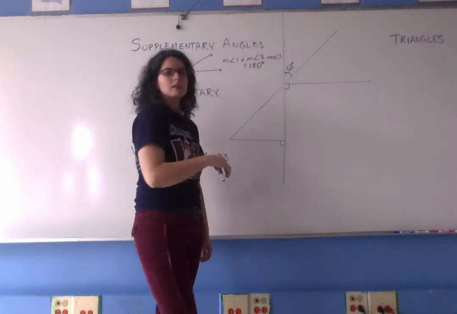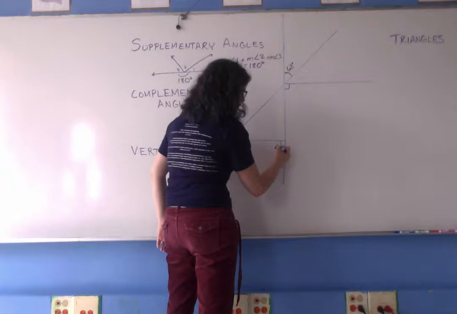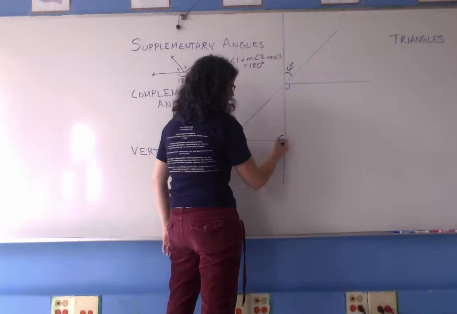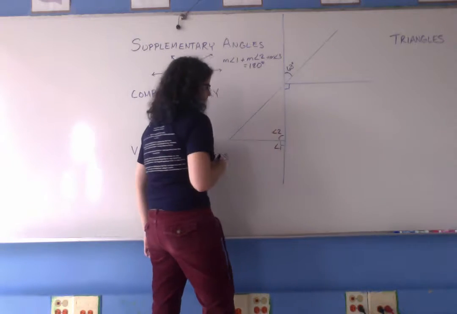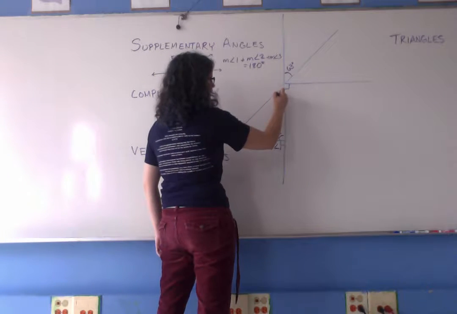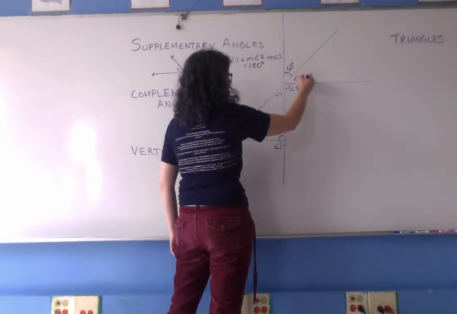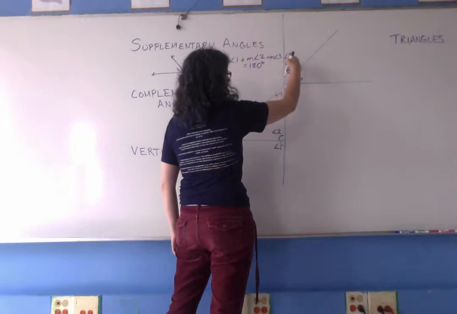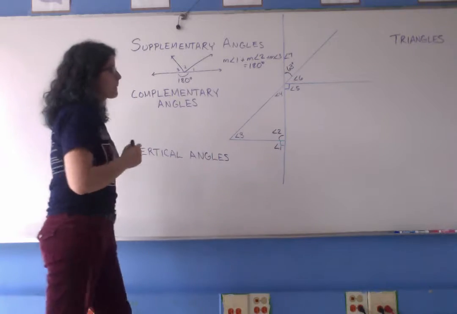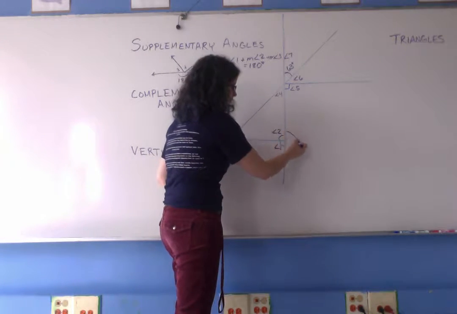And to make this easy for relating these angles to each other, we could call this angle 1, and we could call this angle 2. Let's just keep going. Let's call this angle 3, angle 4, angle 5, angle 6, and angle 7 is this one. So, looking at this, I saw a straight line.